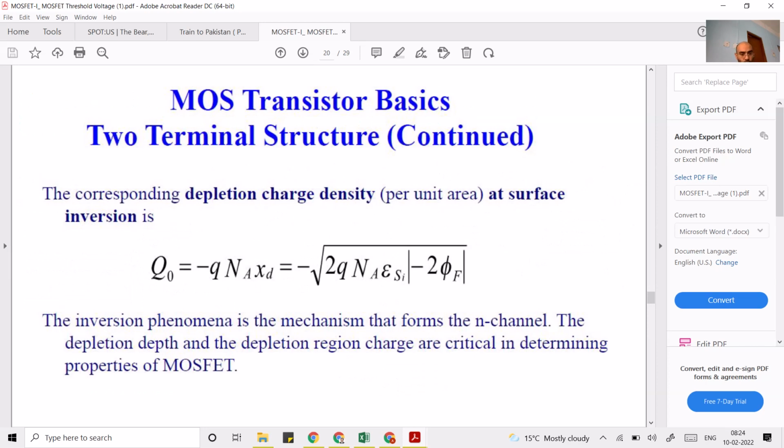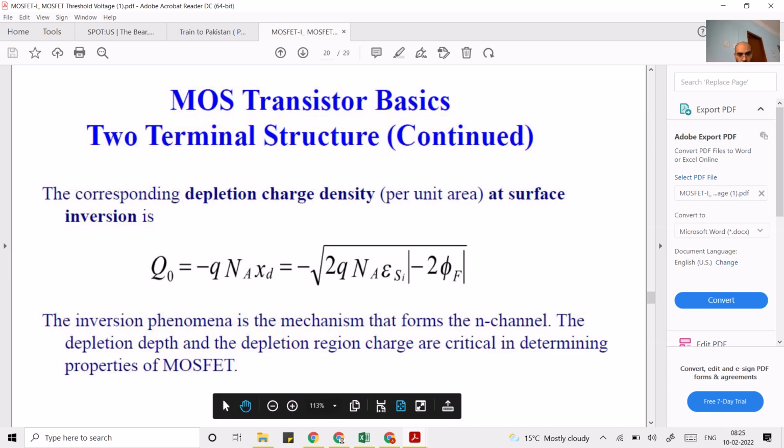The depletion charge density, because of the acceptor ions near the surface, is what we get here. This is the charge density per unit area, and it comes because of the doping concentration.